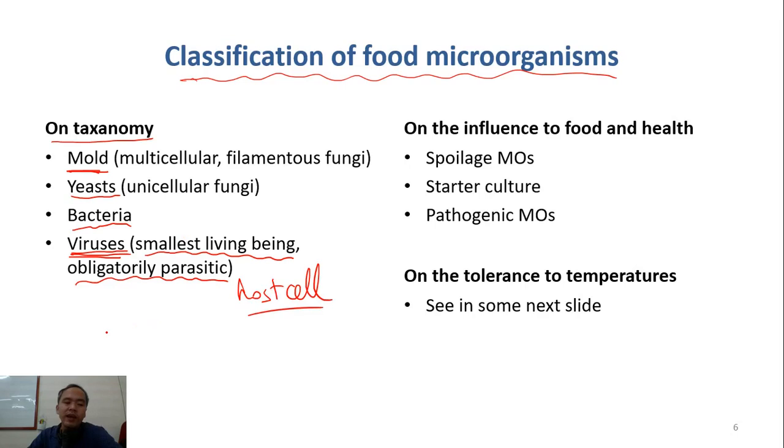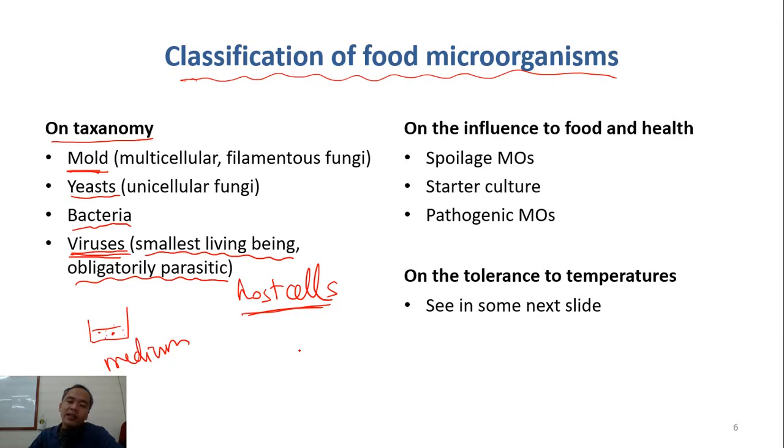If you put a virus in a medium, for example, a nutrient medium for microorganisms, they will not multiply. They will not grow. They only grow in host cells. They infect human cells, infect plant cells, then they will multiply.